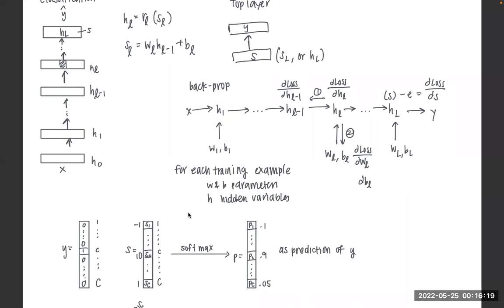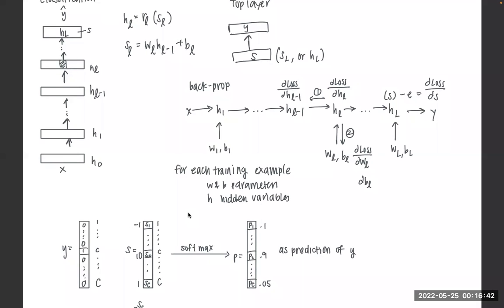Therefore, this multi-category classification, or multinomial logistic regression, is very important for deep learning, because a lot of times our output is a category, for example, a word.